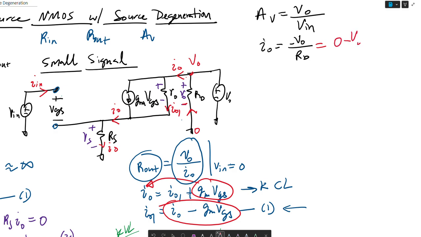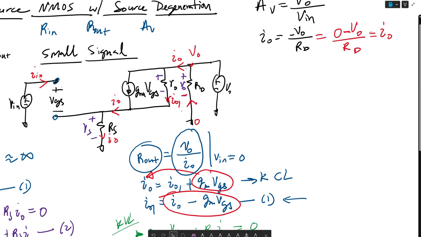So 0 minus VO over RD is equal to IO. So that's why this is negative. The next thing we need to consider is VI is VN. Again, imagine we do a KVL here. And again, for the AV gain, VN is no longer equal to 0.